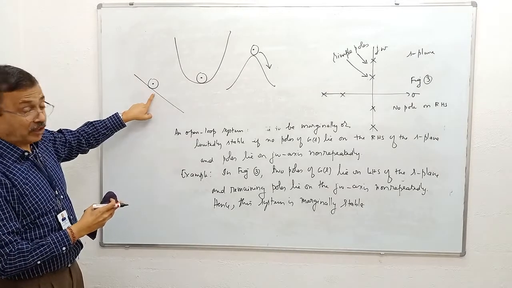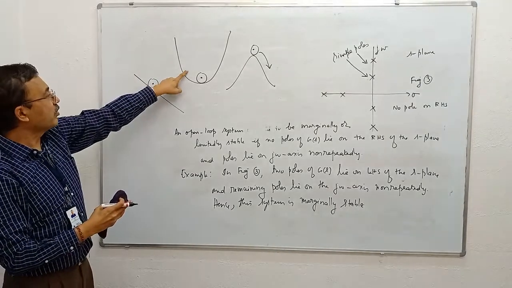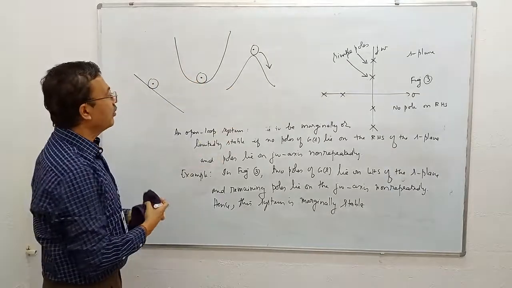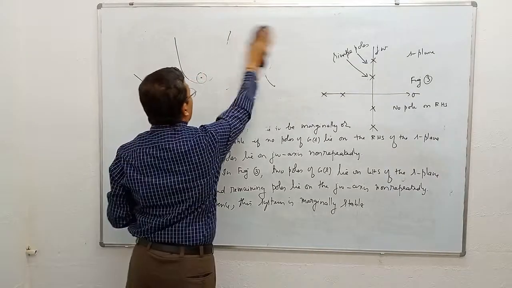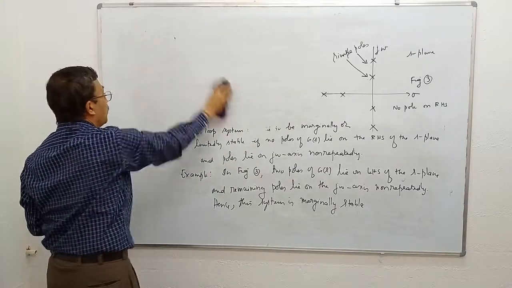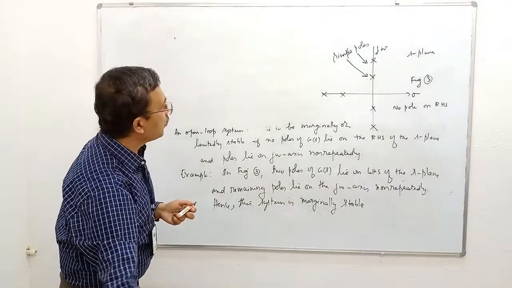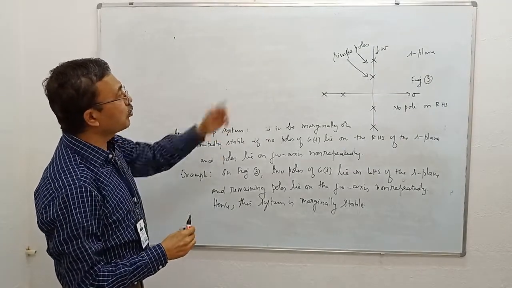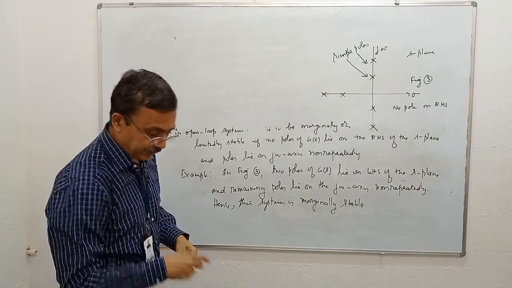Therefore, this represents an unstable system. This represents a stable system. This represents a marginally stable system. Now, I explained the concept of stability with respect to an open loop system. The same can be extended for a closed loop system also.